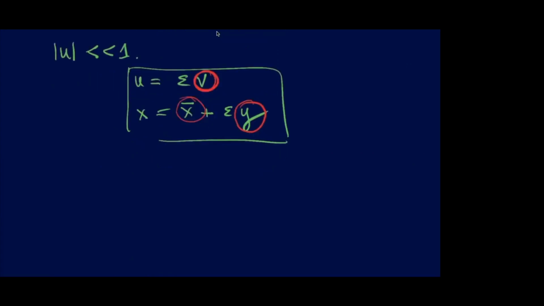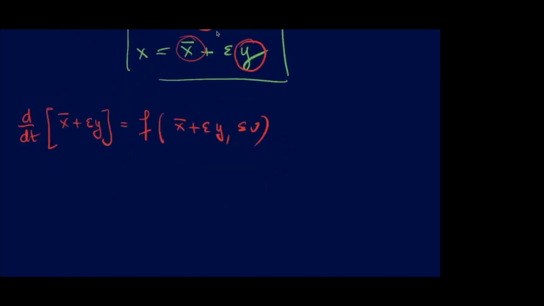Well, I write simply the ODE and I say the time derivative of x bar plus epsilon y is equal to f of x bar plus epsilon y, epsilon v, right? And now I will do a Taylor expansion of this nonlinearity out of epsilon equals 0.